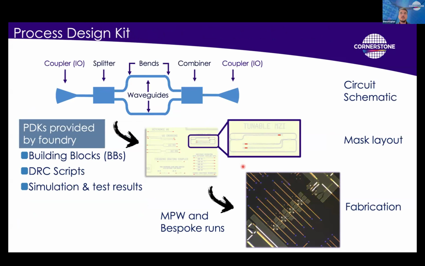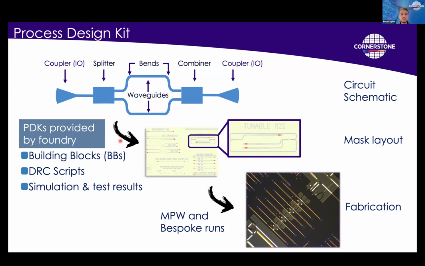They act as a kind of interface between a designer and foundry. And you don't necessarily have to be an expert in photonics to design your own chip. In the PDKs, you will find quite comprehensive information about the fabrication itself, but also some fundamental devices.